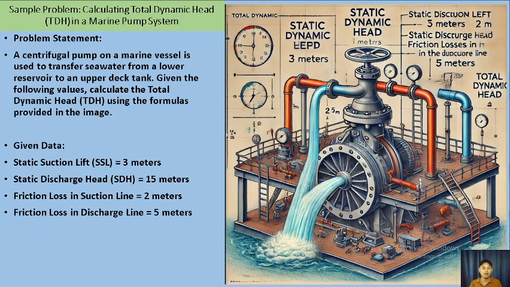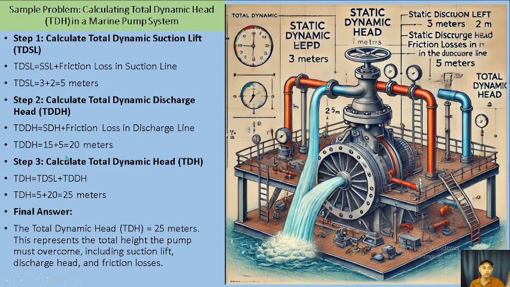Minus the friction loss in the suction line, since losses are also negative, so you will have negative 3 minus 2 meters, plus the discharge head, which is 15 meters, minus the friction loss in the discharge line, which is 5 meters. So negative 3 minus 2 plus 15 minus 5 equals 5 meters. Your total head will be 5 meters. The other one is a wrong computation because they are not using negative on their measurement.